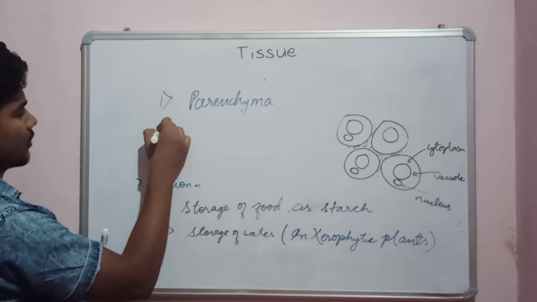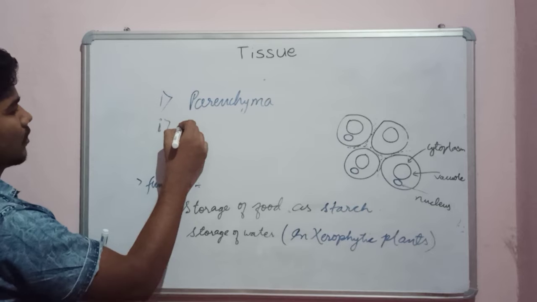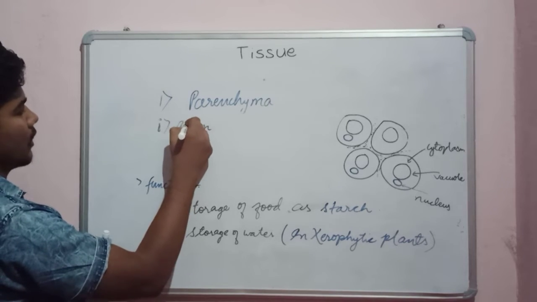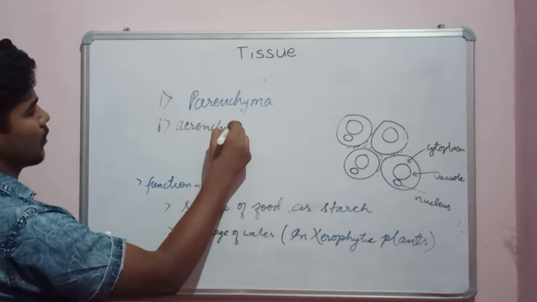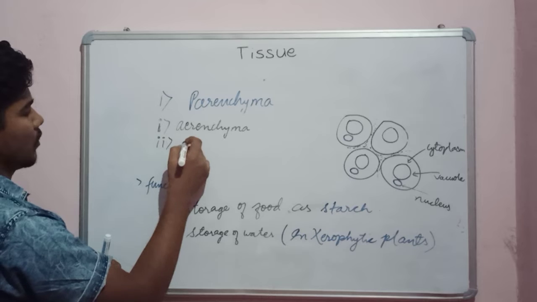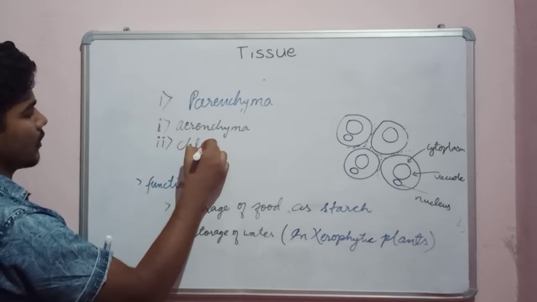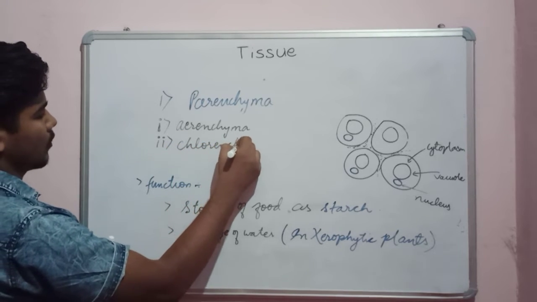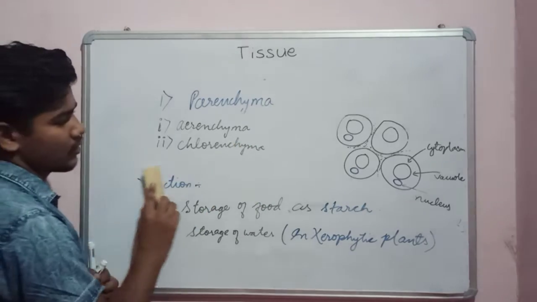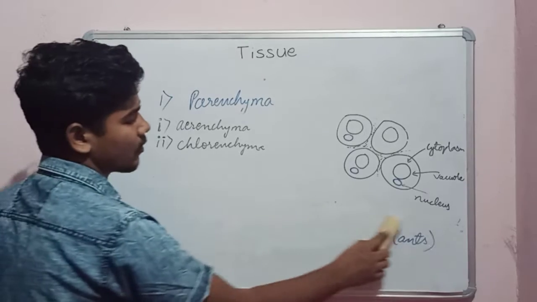That is, first is aerenchyma and chlorenchyma. Now let's talk about the aerenchyma and chlorenchyma.